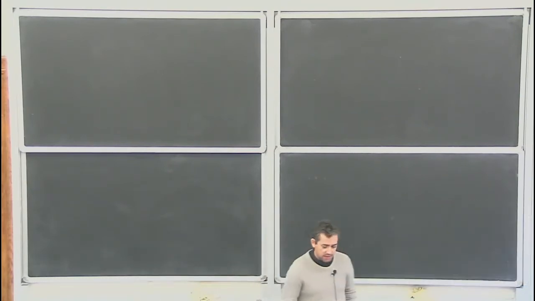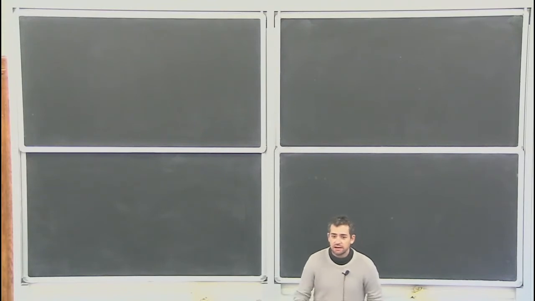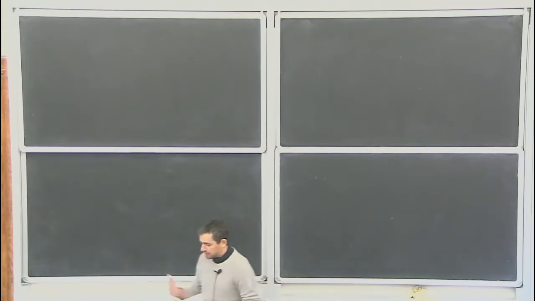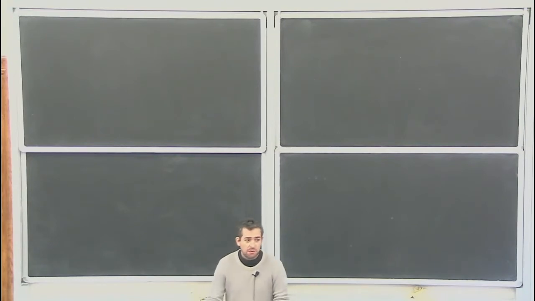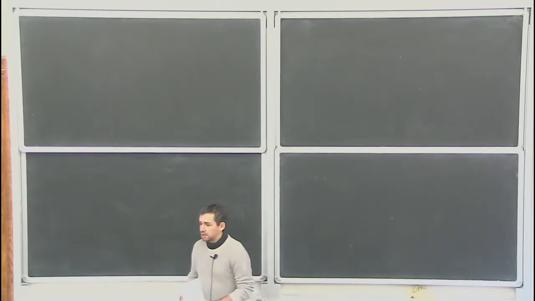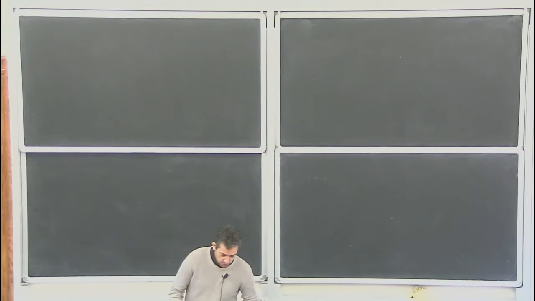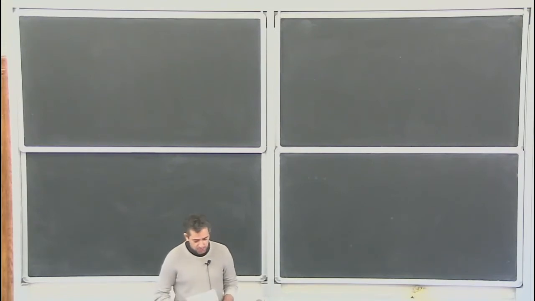Okay, yesterday we discussed the Hawking temperature, and we saw the consequences of the fact that black holes radiate and eventually may evaporate. Today we will take a different point of view.